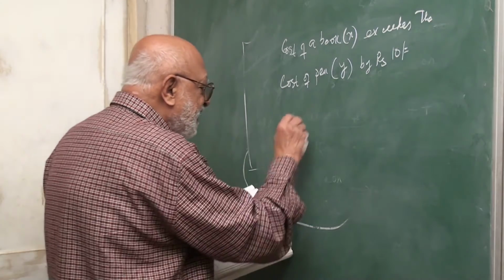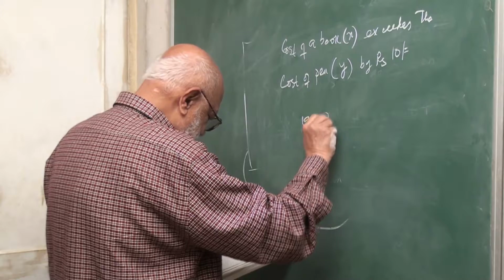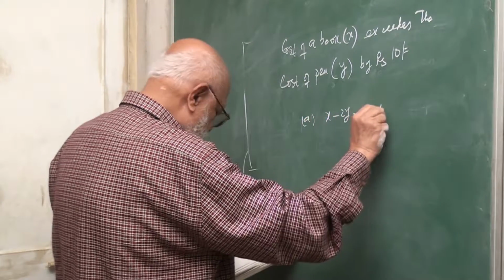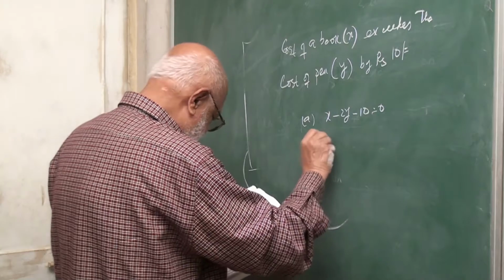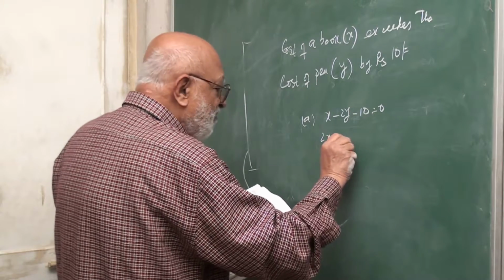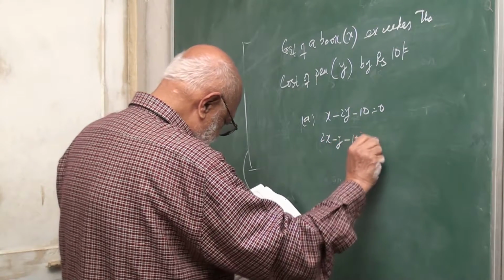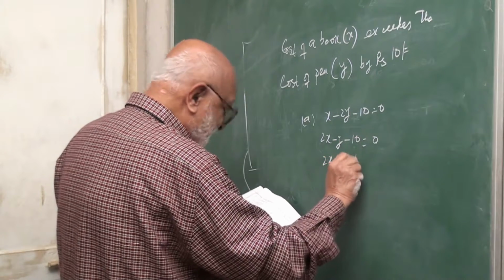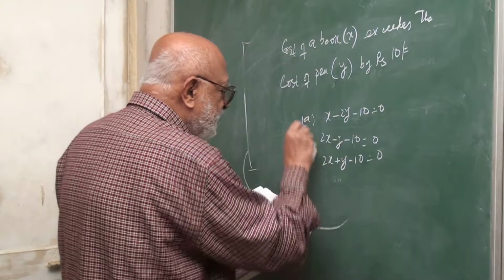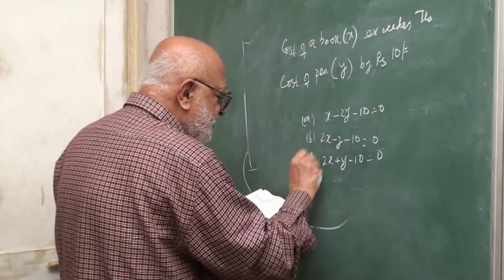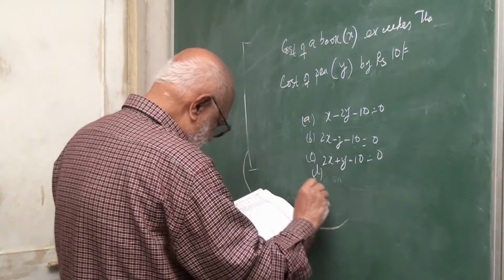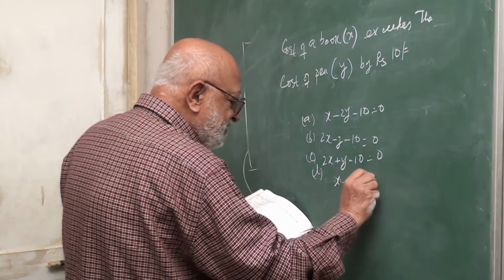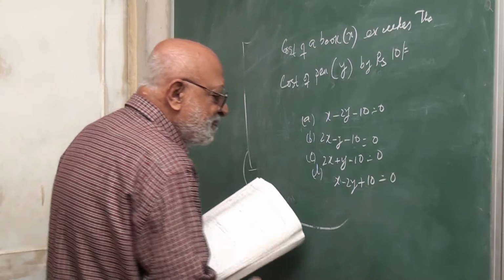You say A equal to x minus 2y minus 10 equal to 0. Then it says 2x minus y minus 10 equal to 0. Then it says 2x plus y minus 10 equal to 0. And D is x minus 2y plus 10 equal to 0.